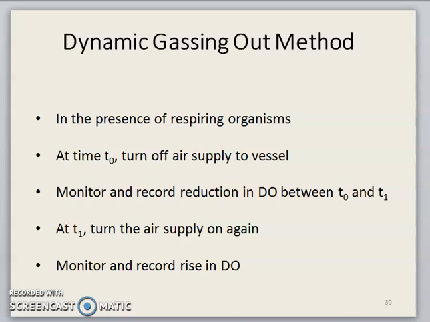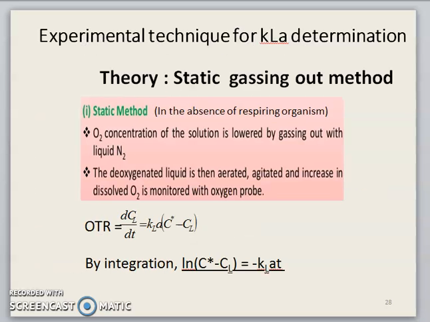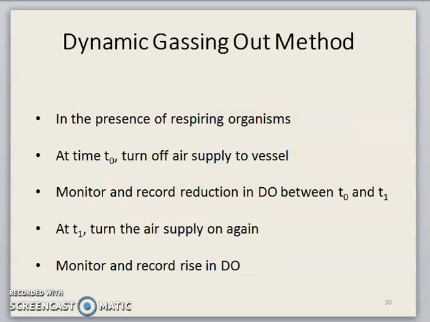Just now, for the static gassing out method, we only recorded the concentration of dissolved oxygen transferred in the fermenter. But for the dynamic gassing out method, we record the oxygen transfer as well as the oxygen uptake.